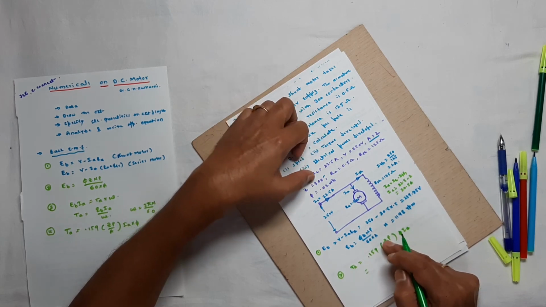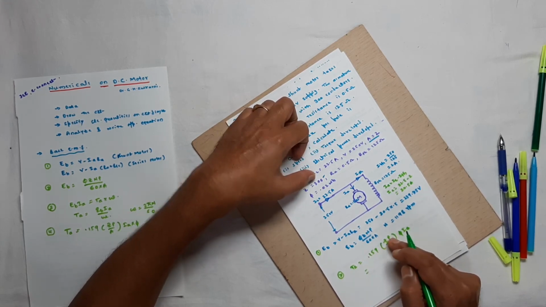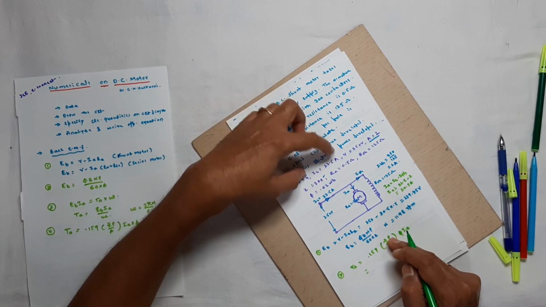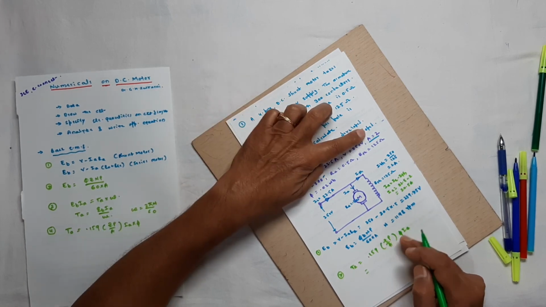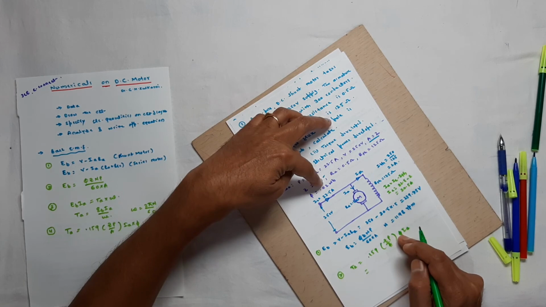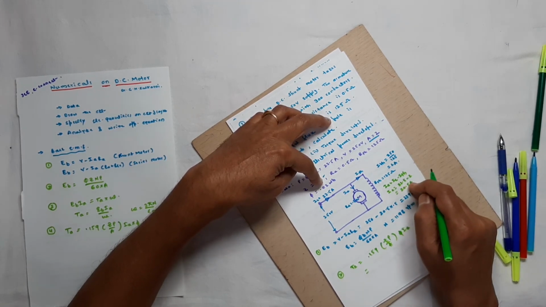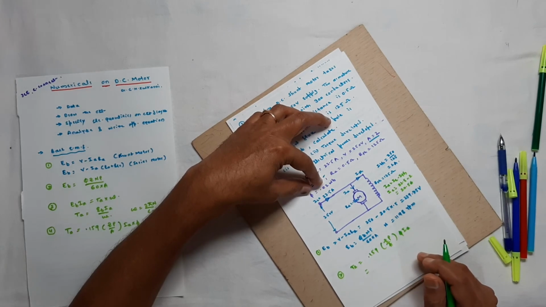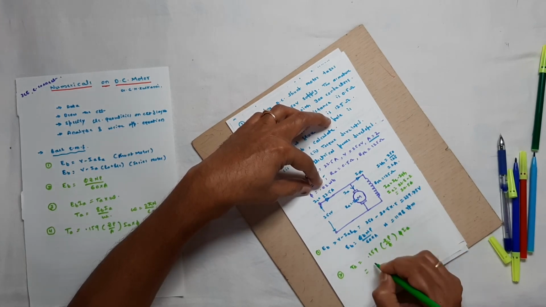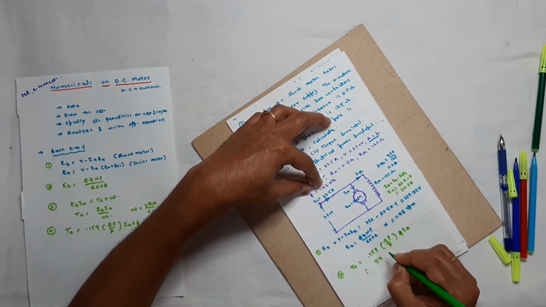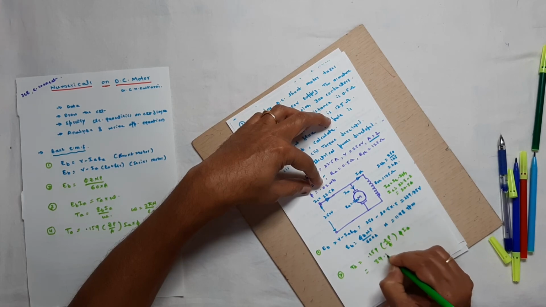Z is given 300. P is the number of poles, 4. The number of parallel paths is 2. Phi is 0.02 Weber. And the IA we calculated as 20.5. Then what we are getting, the torque is 39.1 Newton meter.